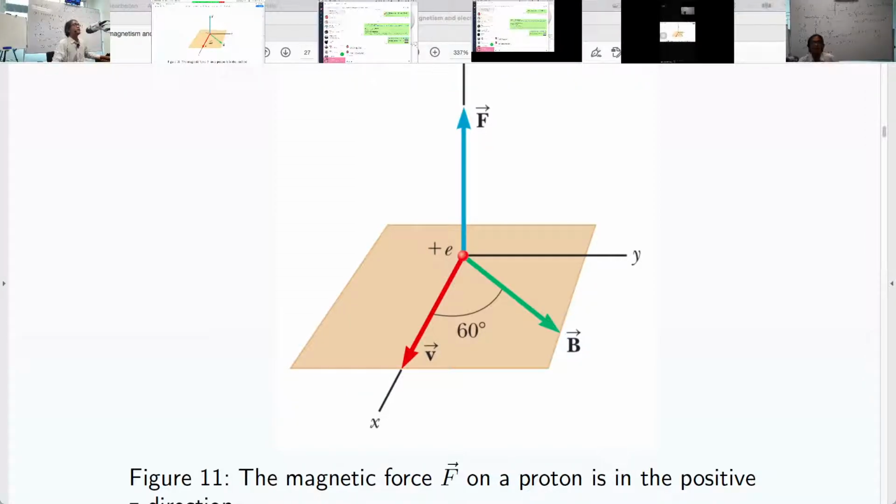Okay. The magnetic field, as the example said, is pointed in the direction with 60 degrees from the x-axis. And of course we want to find the magnetic force, which is the blue vector, upwards along the z-axis, but it's not horizontal.